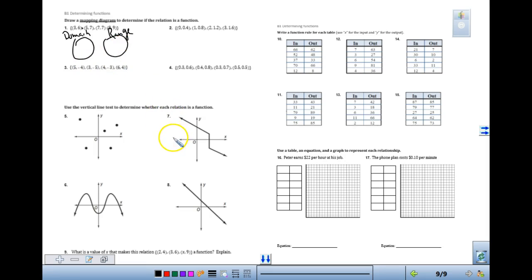I will tell you that if you're still not getting that vertical line test, I'm going to have to move back. So go back and look at the definition in your notes if you need to, okay? So it is these 2 pages. This should not be hard for you to get done for Wednesday.